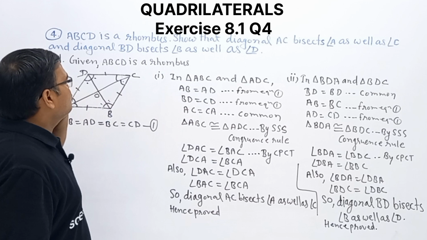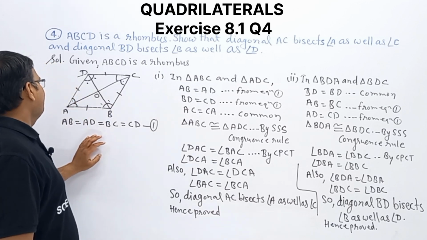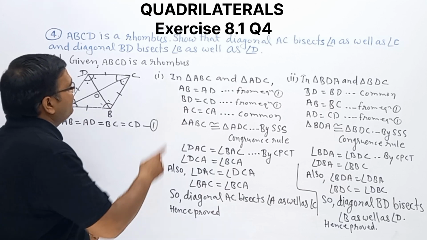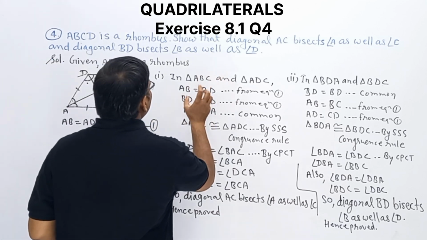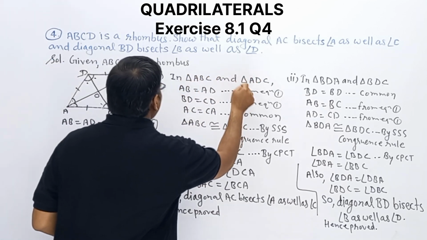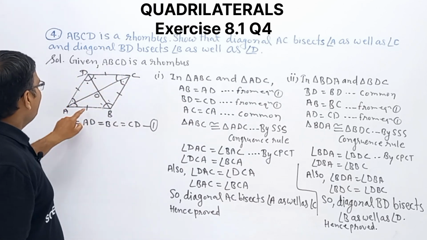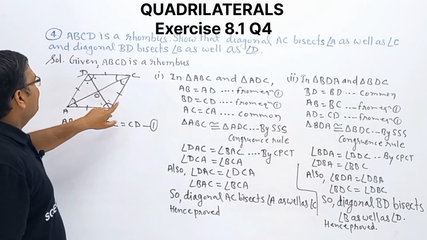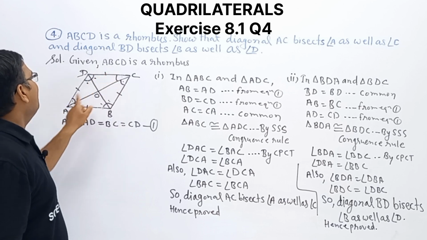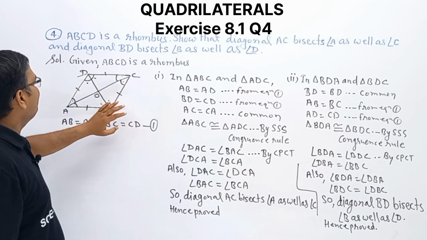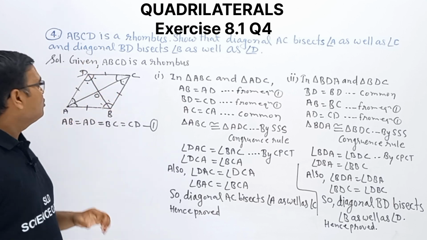To show this one, we are drawing AC and BD, two diagonals, and first to show, we are taking two triangles, triangle ABC and ADC. In these two triangles, AB equal to AD, BC equal to CD, and AC is common. So from the side congruence rule, we can say these two triangles are congruent.